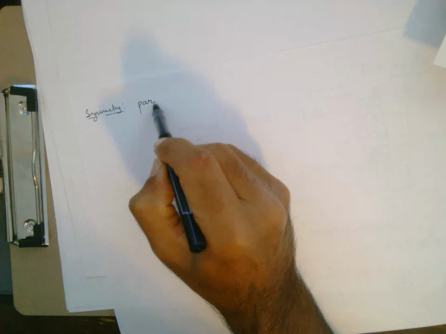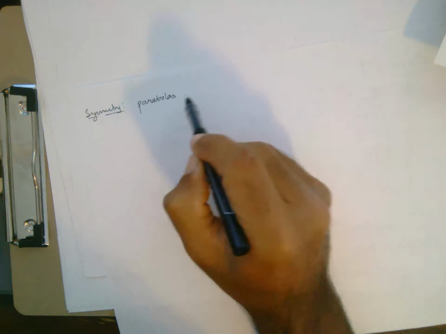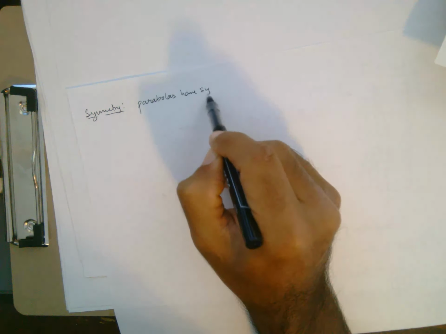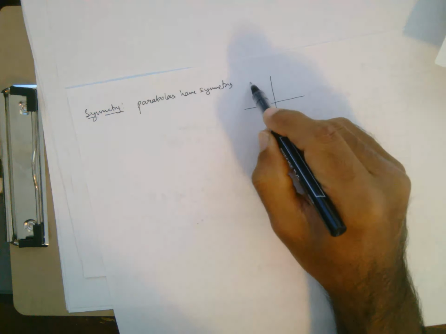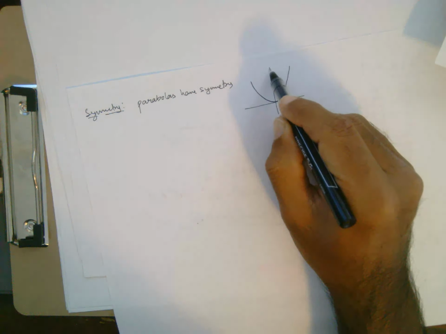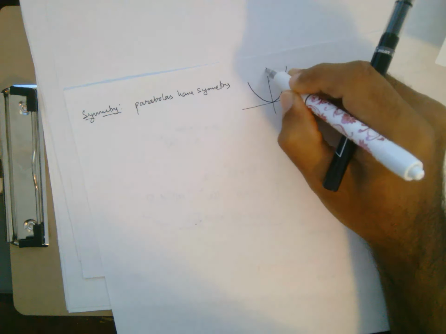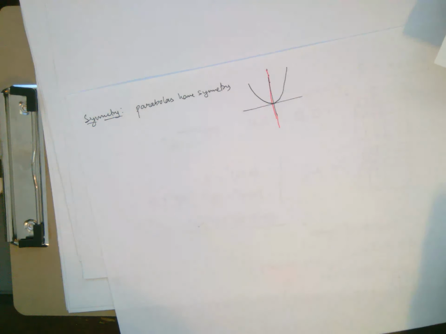Now recall that parabolas have this symmetry. The simplest one, x squared, if you look about the y-axis, it has symmetry.